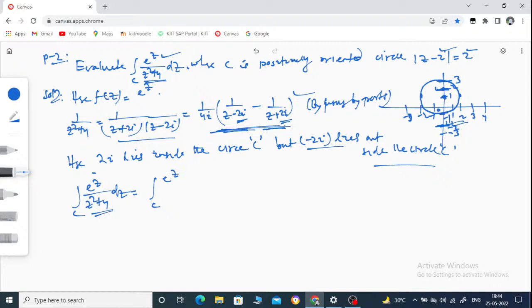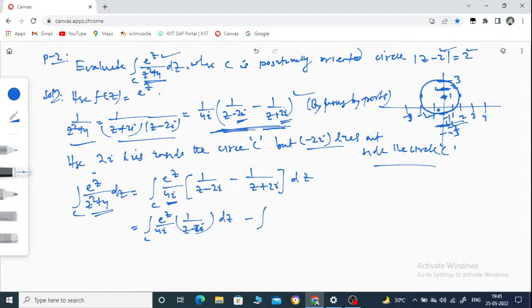So this is e to the power z divided by 4i, then in place of z square plus 4 I have already written this one, 1 by 4i, then 1 by z minus 2i minus 1 by z plus 2i dz. Then this is the integration over C of e to the power z divided by 4i, 1 by z minus 2i dz, minus e to the power z divided by 4i. You can take this 4i outside of this integration, so I will write 1 by 4i here.